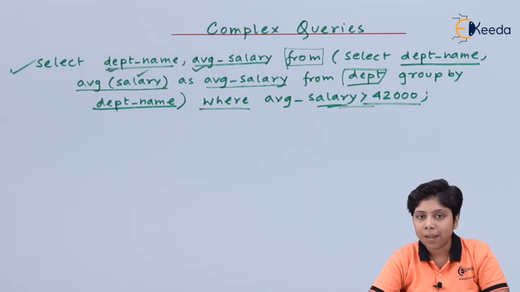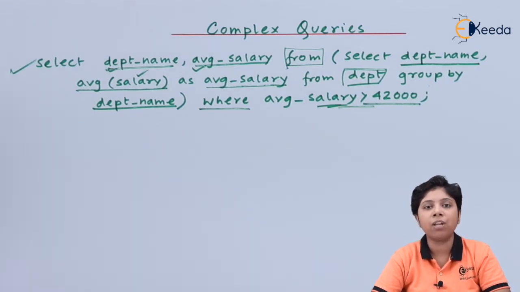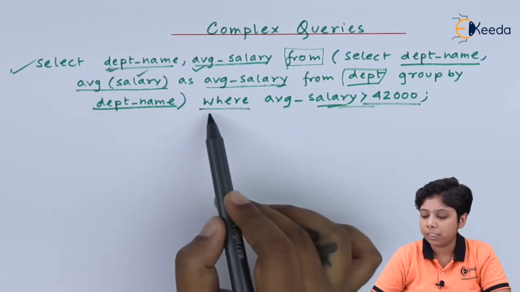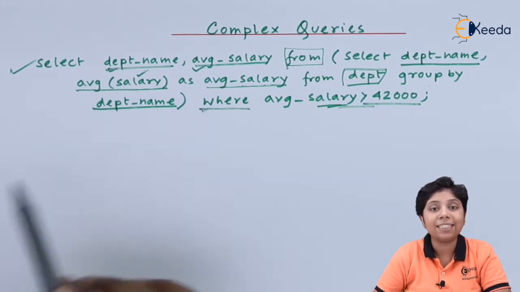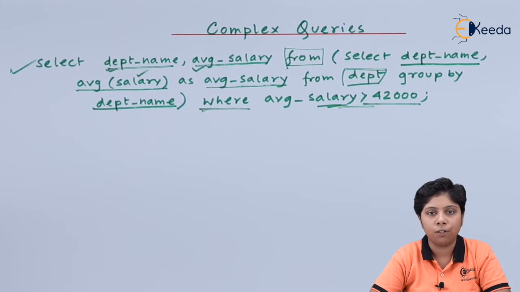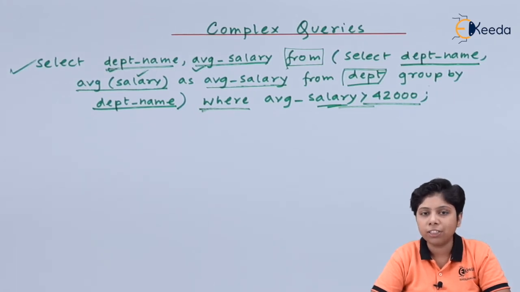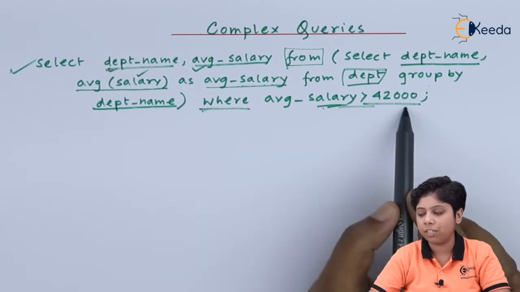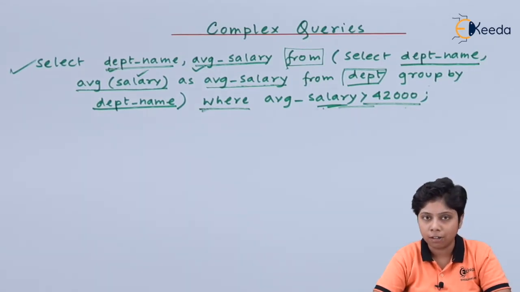If it is a complex query, it doesn't mean that we have to make it more complex. We can make it simpler by putting this where clause where it is natural. That is why we are not using the having clause here, only putting the predicate average salary greater than 42,000 inside the where clause, not in the having clause.